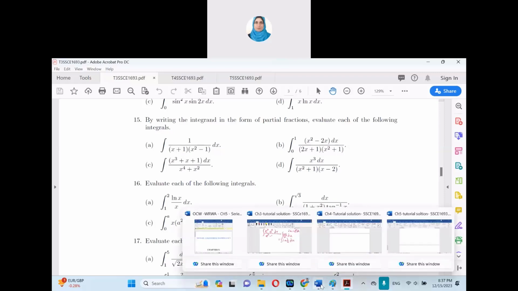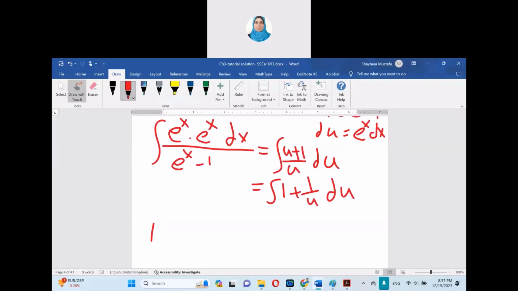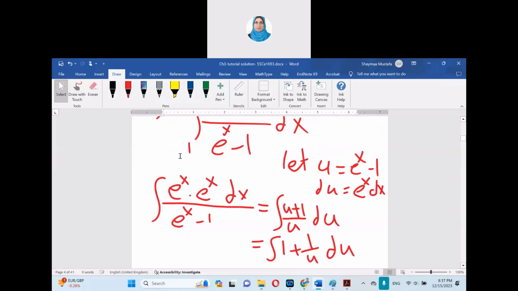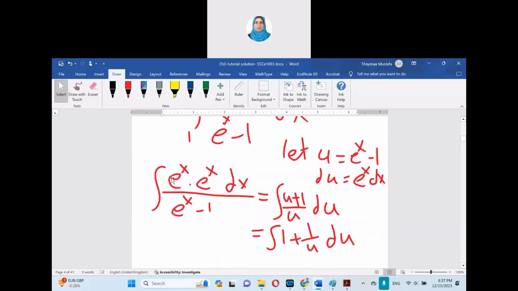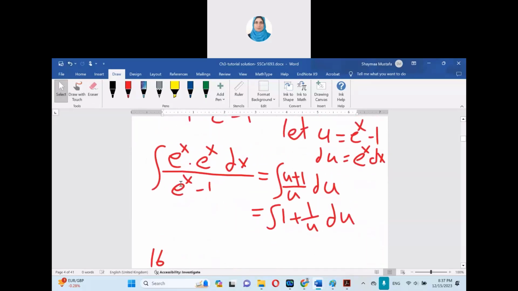I go back to the word file. This one is 16d, right? Okay, this one is 16d. And what we need now is 16c.